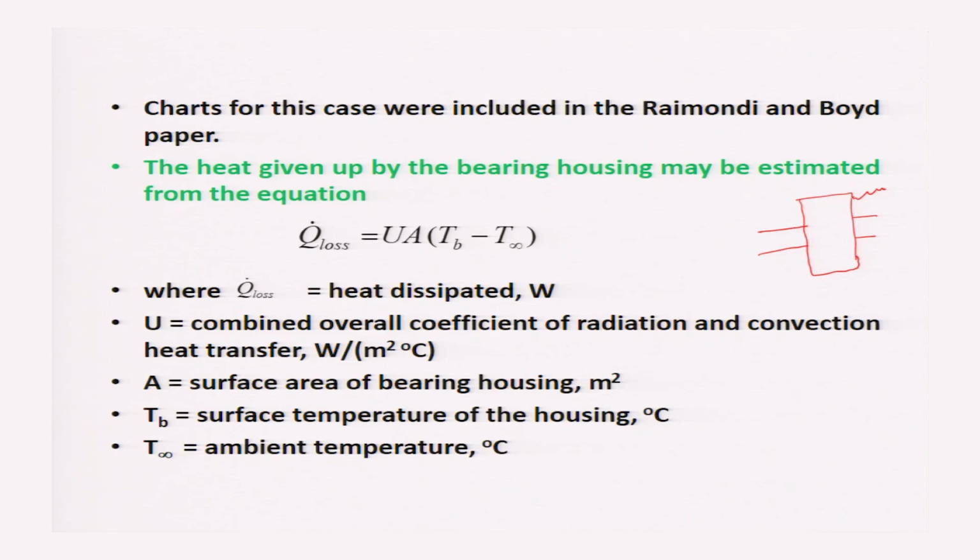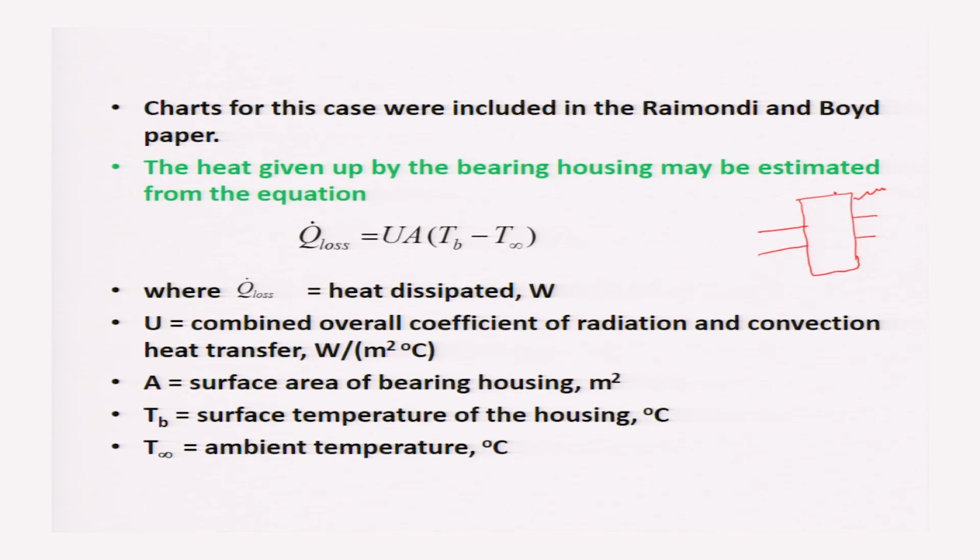So, through radiation and convection, what amount of heat will be dissipated? For that, the combined overall heat transfer coefficient is given by U. A is the surface area of the bearing housing, because through that surface area heat will be dissipated. T B is the surface temperature of the housing.